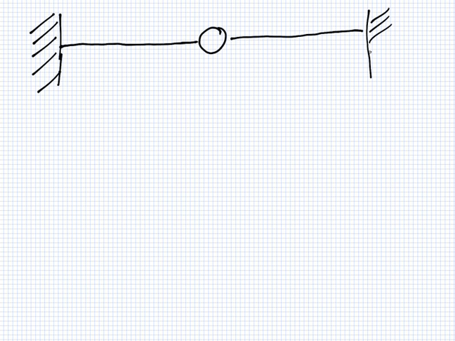So there are 2 strings, a ball between the strings and the 2 walls here. And the distance from here to here, let's just say it is 5 meters. And the natural length, you know what I mean when I say natural length, don't you?